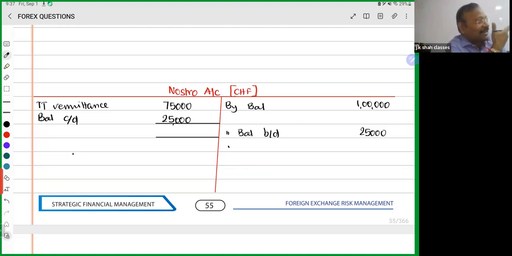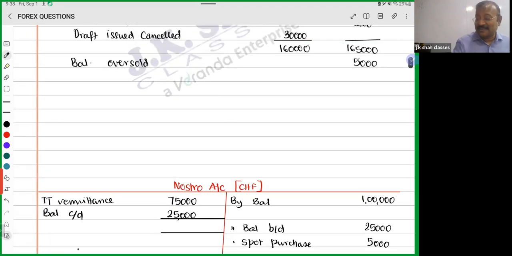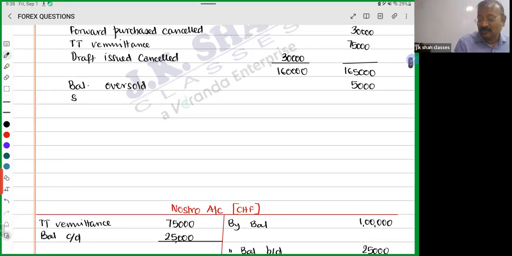Yes, if it is forward, it will show up there only, how will it show up here? So you'll have to do a spot purchase of how much? 5. Right? Which means this has to be recorded here also. 5,000. So now what?